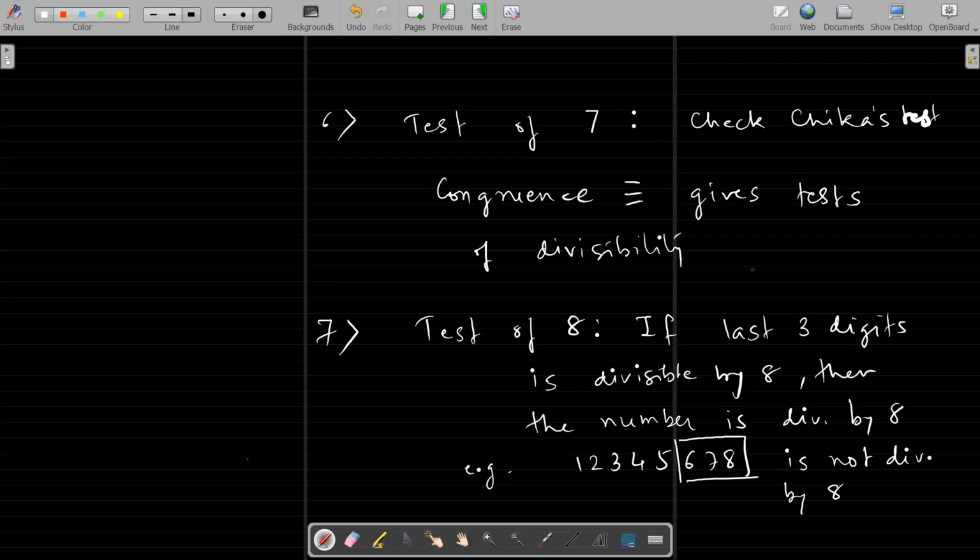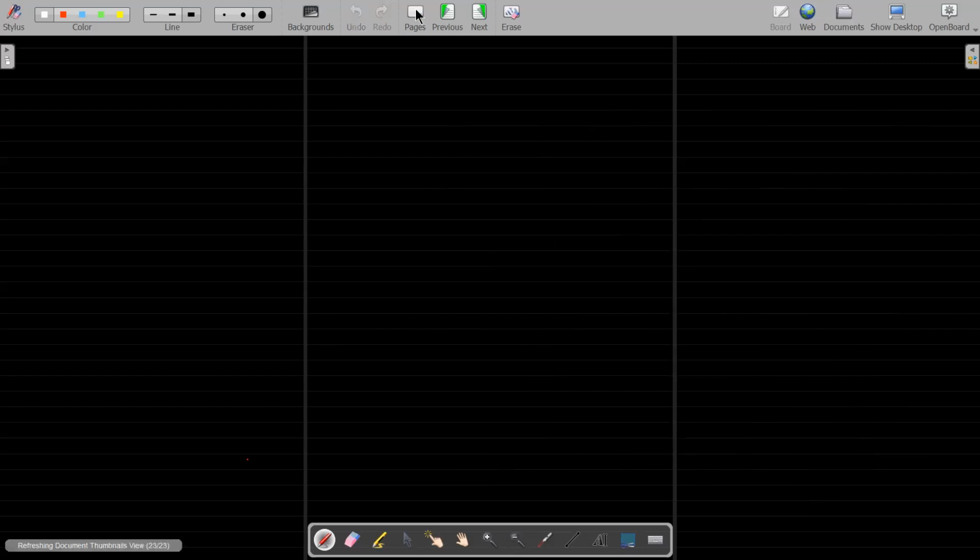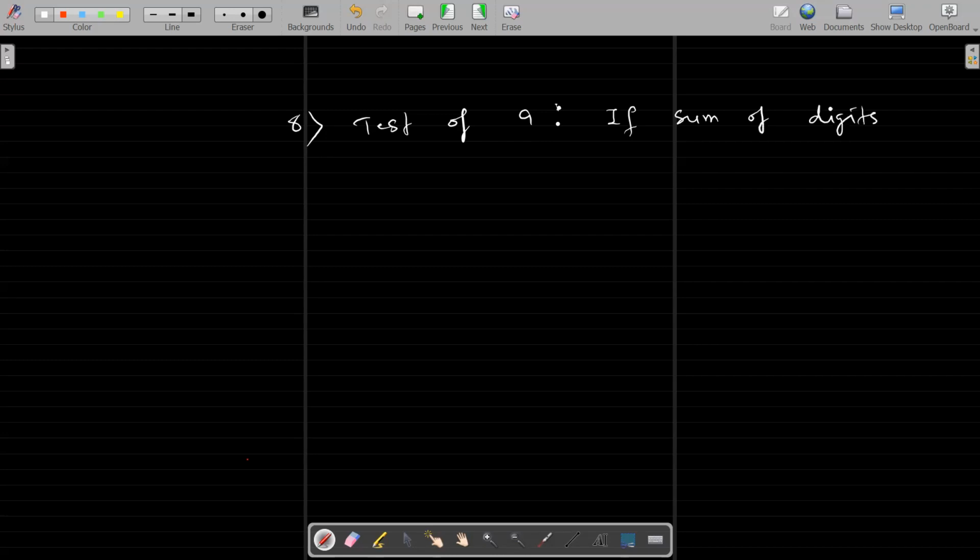Sir, can I tell the divisibility test for 9? Yes. For 9, you have to see if the sum of the digits in the number is divisible by 9. Yeah, very good. If the sum of digits is divisible by 9, the number is divisible by 9.